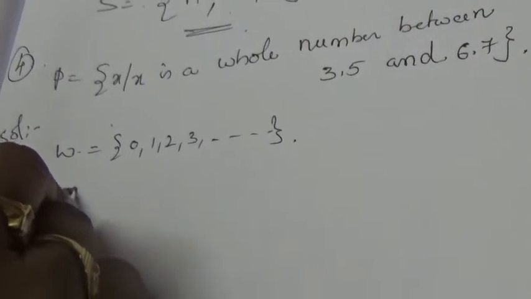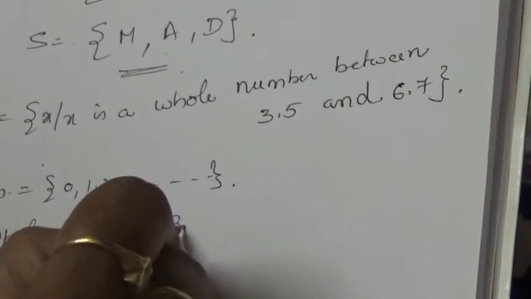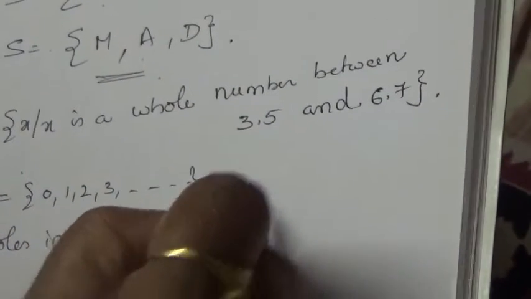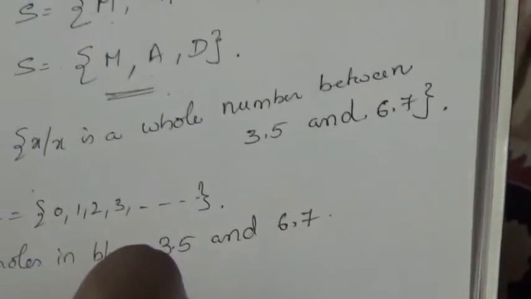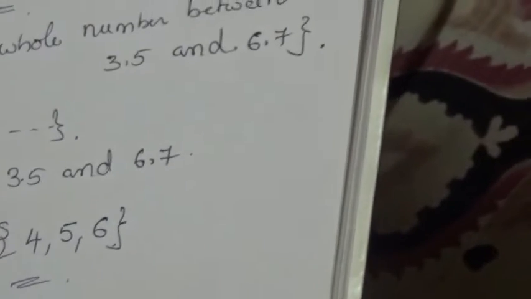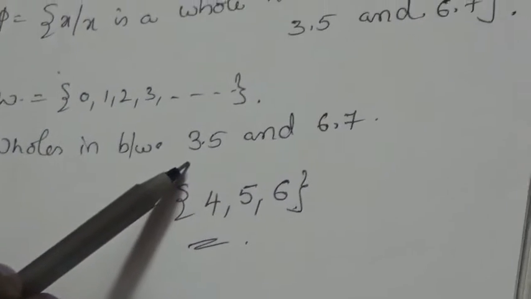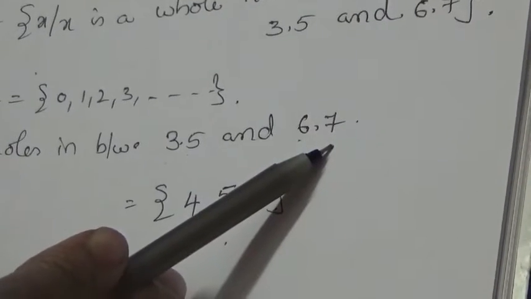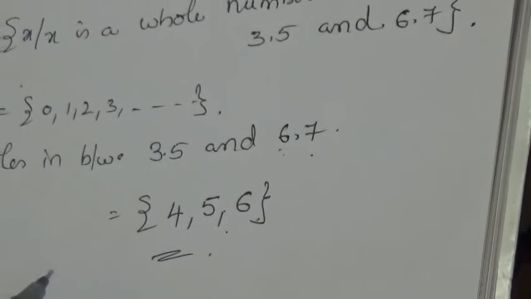Whole numbers in between 3.5 and 6.7. What are the whole numbers after 3? 4, 5, 6. That's it. It is the final answer. Okay, so in between 3.5 and 6.7, 6 we can also write here. Why? Because it is in between.